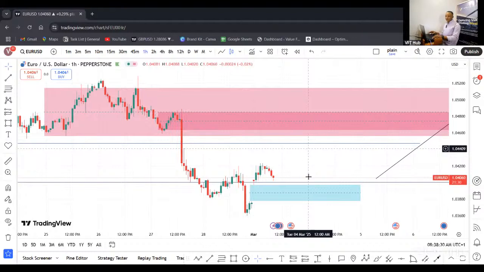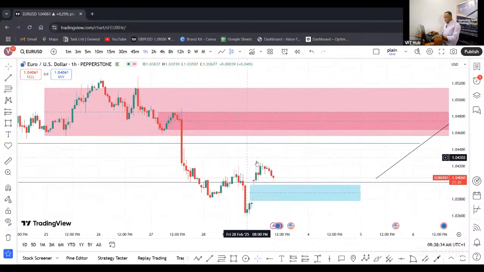And in many cases, price would fill it up before moving in that direction. Okay. And in this case, we are seeing that there could be a demand for the Euro USD to trade a little higher. Right. So that is why price opened all the way here. There's much buying power for the Euro USD. Okay, or buying pressure, I mean, on the Euro USD. So we might see it fill up this place again and then trade higher.